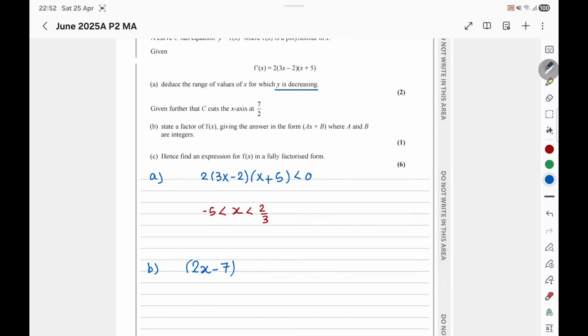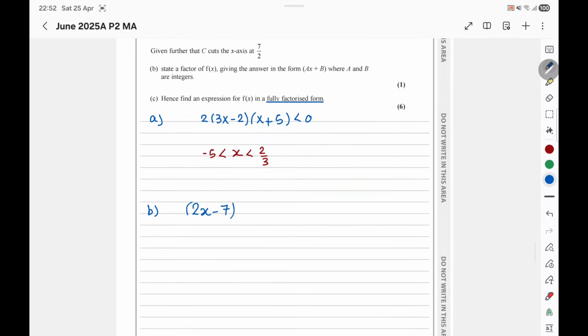Fine. Then in part C, hence find an expression for f of x. In part C, integrate, and he wants the answer in a fully factorized form. We will integrate f dash of x. In order to integrate, we will first expand the brackets.